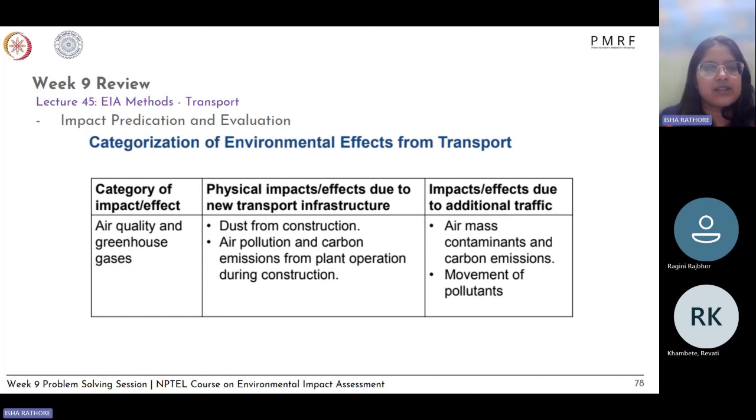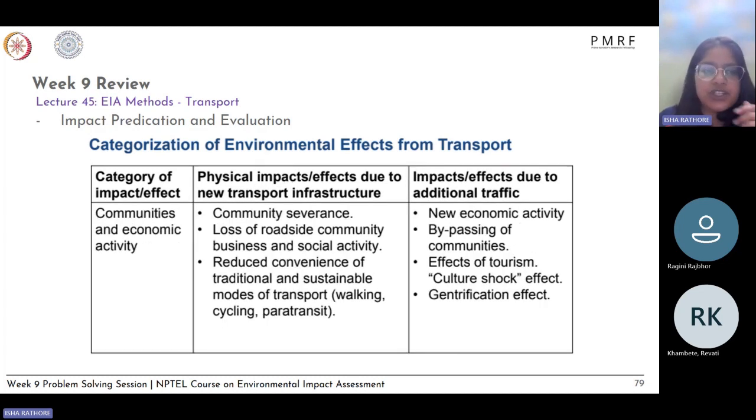So we look at air quality and greenhouse gases, and how they are being generated. Then if there's a new proposed development relating to, let's say, a transport-related thing, we look at dust from construction, the air pollution, carbon emissions during construction. These kinds of things you consider when you have a transport project.